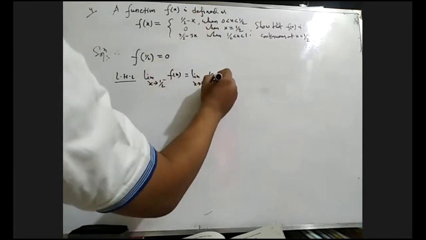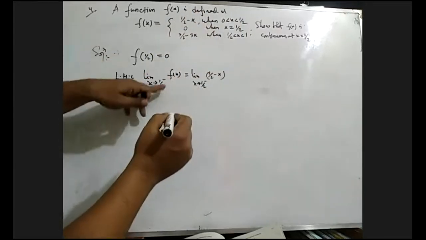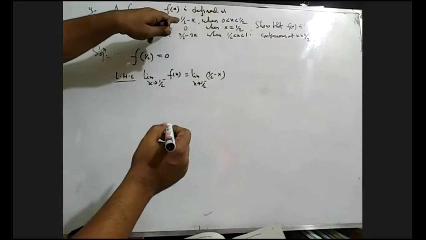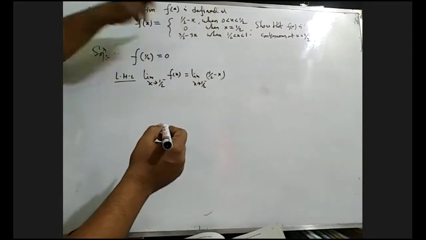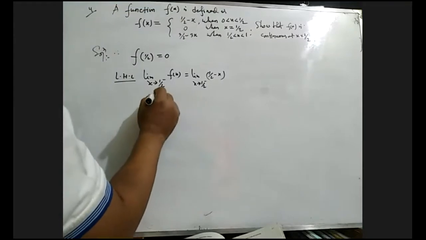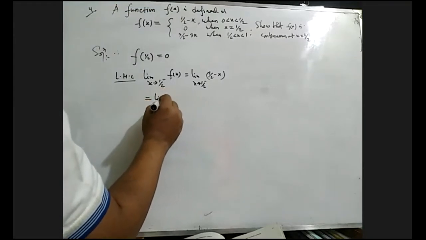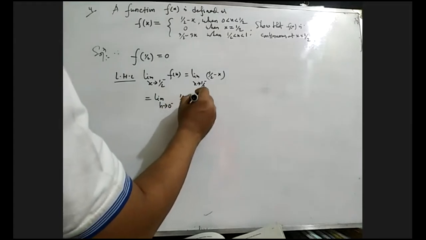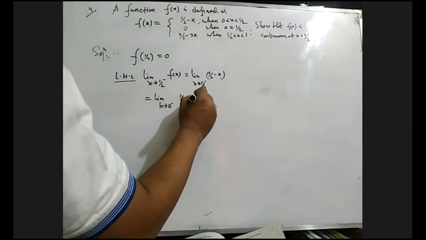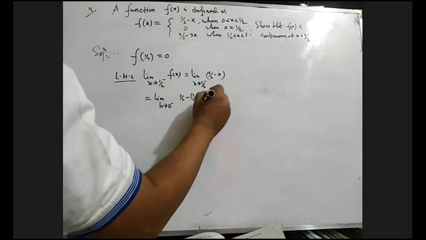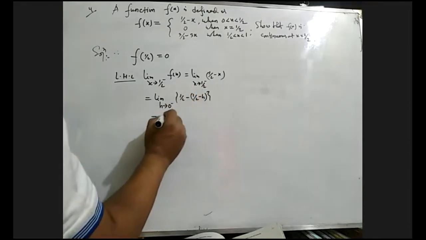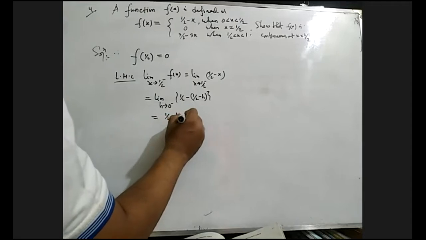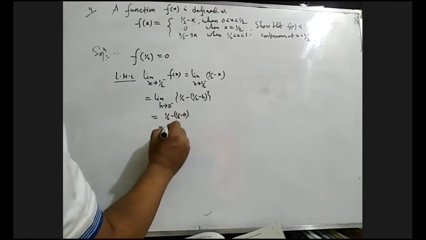First part. Okay. X less than half, in which f of x equals half minus x. Now by using A's method, x will become a minus h. That means half minus h. Putting h equals to 0. So we get 0.